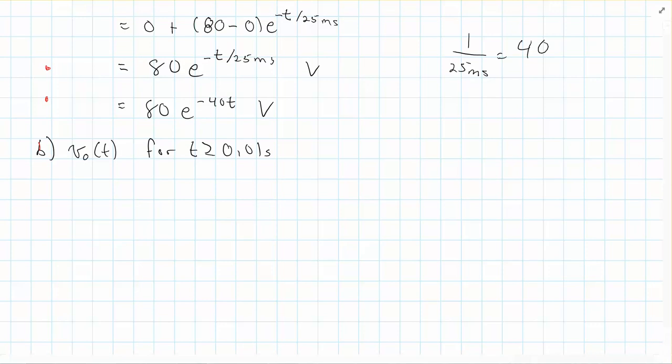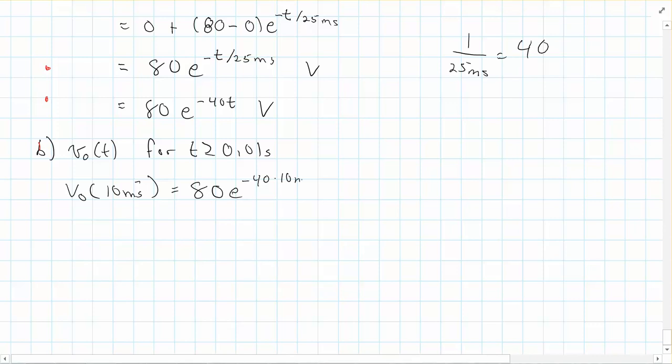Now, we need to find the initial voltage, so we need to find V out at, I'm going to say, 10 milliseconds minus, because it's not 0 minus, it's 10 milliseconds minus. And remember, we did a problem like this in class before. What you need to do is actually use the equation that you got in the first part to determine what that would be.